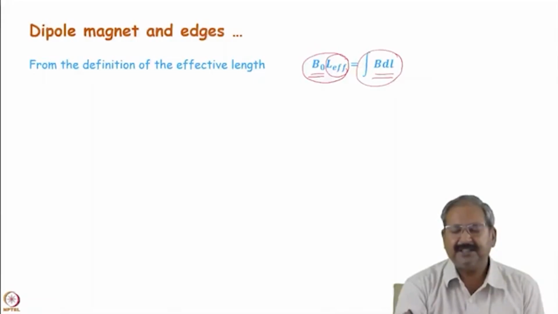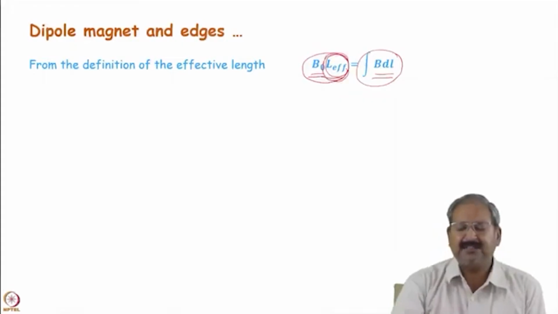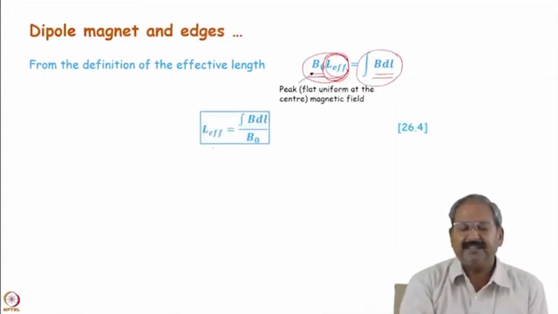If this integration is equal to B0 times L, then the length we have chosen is known as the effective length.